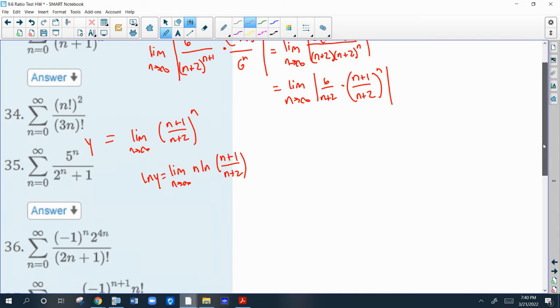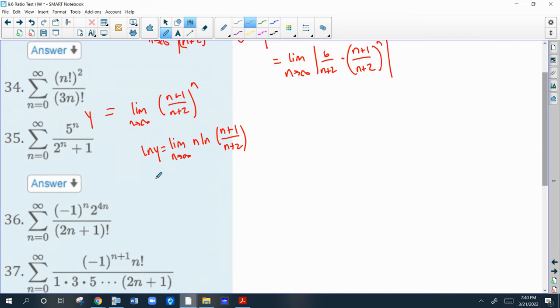But if we creatively write this as a fraction, usually that will work. So that's exactly what I'm going to do. Instead of n on top, we can make this 1 over n on the bottom, because you multiply reciprocals when you divide fractions.